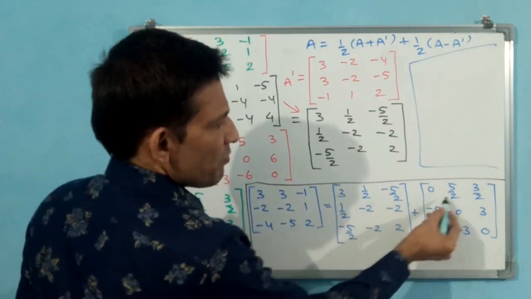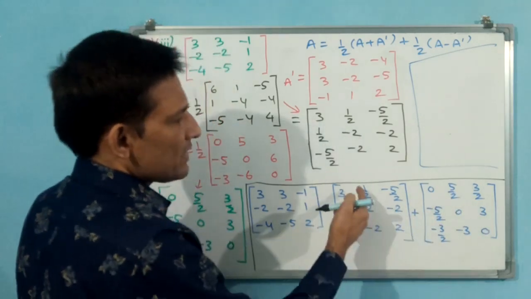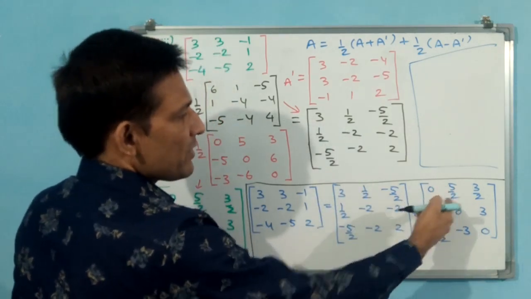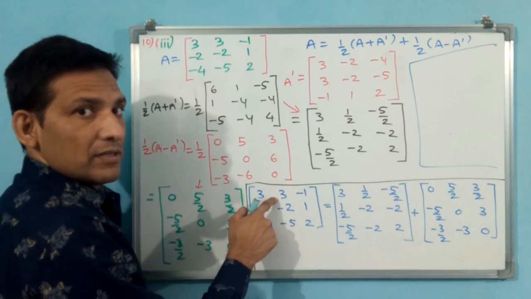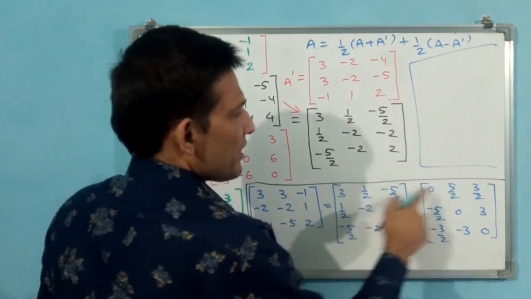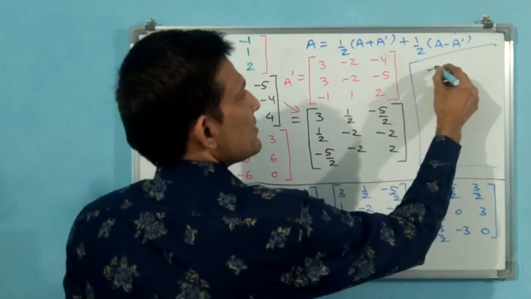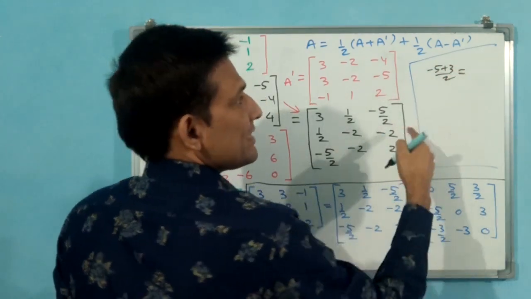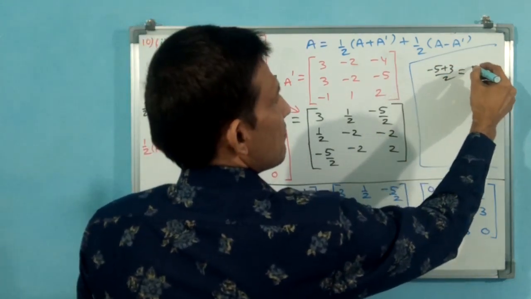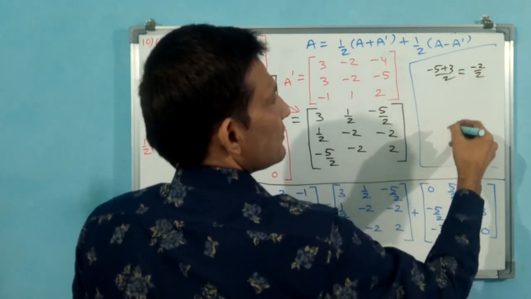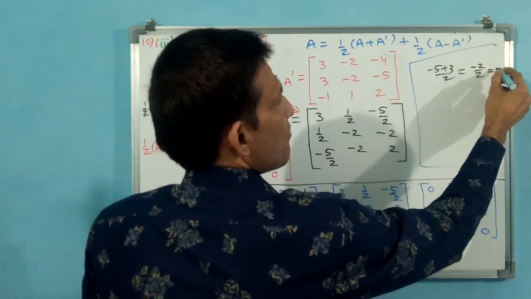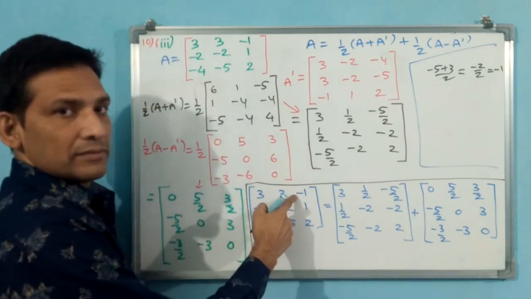But 1 by 2 plus 5 by 2, 2 is the LCM, 5 plus 1 is 6, 6 by 2 is 3. Minus 5 by 2 plus 3: minus 5 plus 3 will become minus 2 by 2, minus 1.